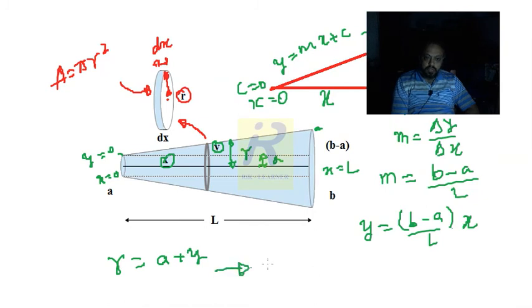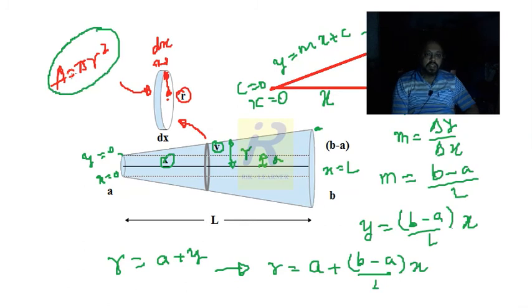So r equals a plus y, where y is b minus a divided by L, into x. This is r. That means the radius of this element is found, and it is a little bit complicated: r equals a plus b minus a by L into x. So this is the radius. Now I have to find the area.